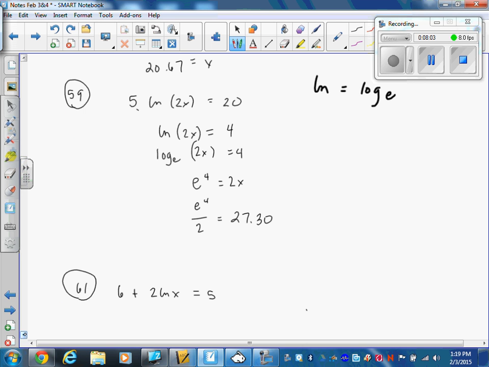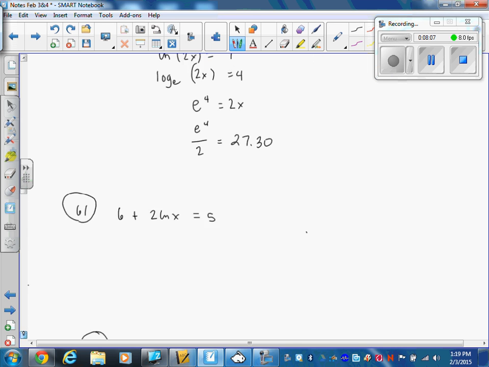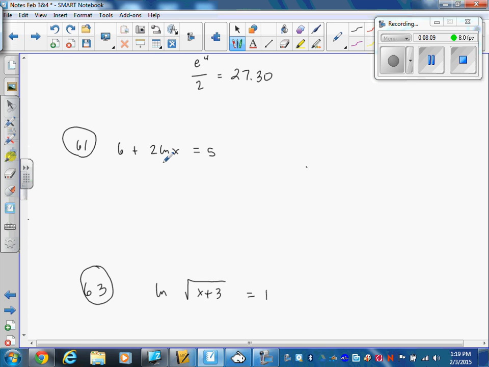Okay, 61. In problem 61, I first need to subtract 6. So 2 ln x equals negative 6. Then I need to divide by 2. Ln x equals negative 3.